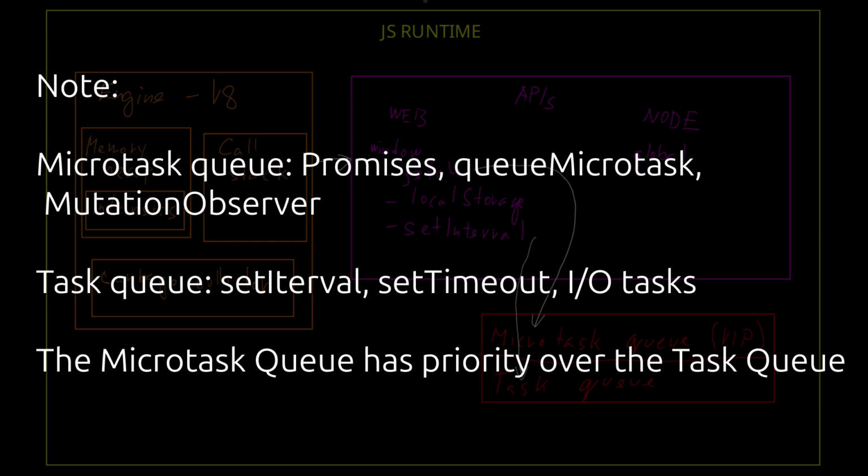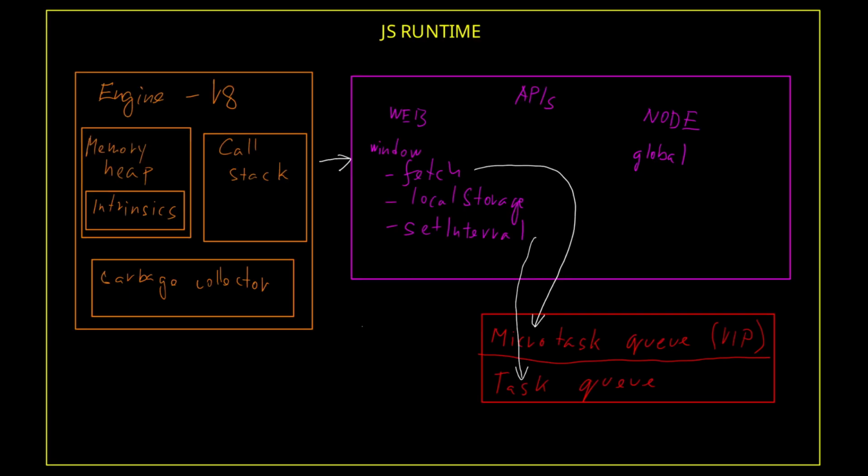And here we also have the event loop, and it constantly checks the call stack, and if the call stack is empty, if there are no functions running, it is going to check the microtask queue and put the callback function onto the call stack.